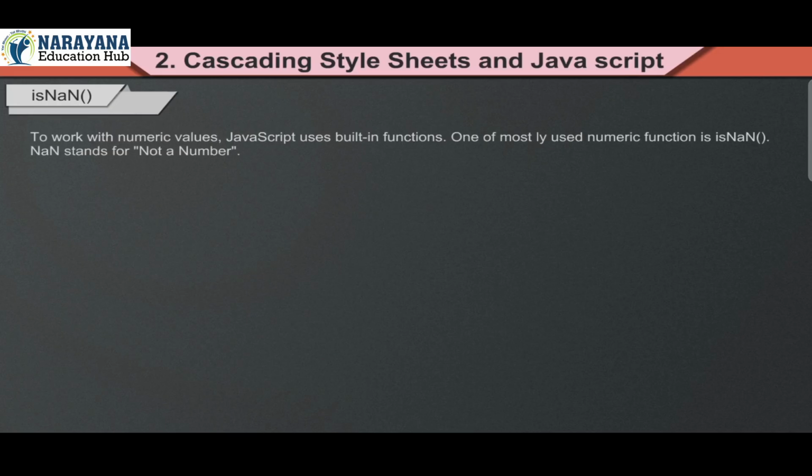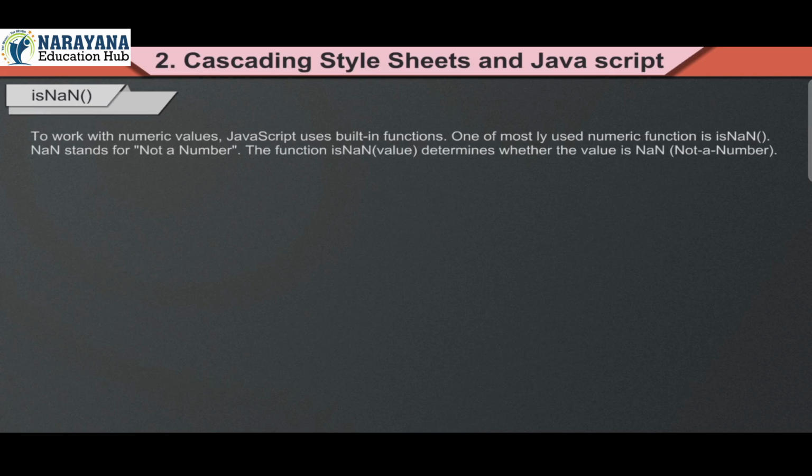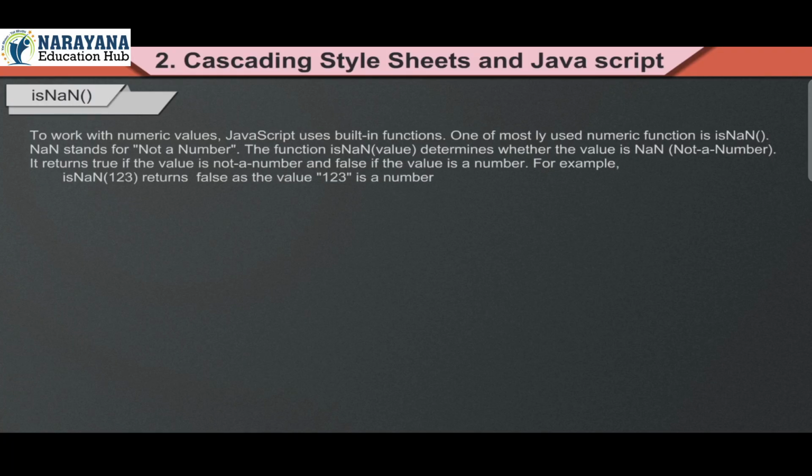One of the most commonly used numeric functions is isNaN. NaN stands for not a number. The function isNaN(value) determines whether the value is NaN, that is, not a number. It returns true if the value is not a number and false if the value is a number. For example, isNaN(123) returns false as the value 123 is a number.